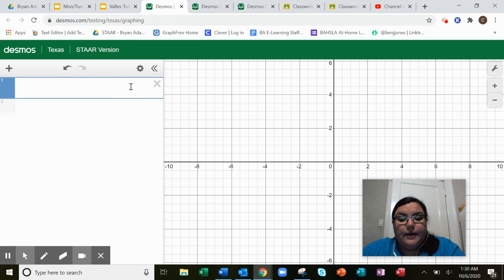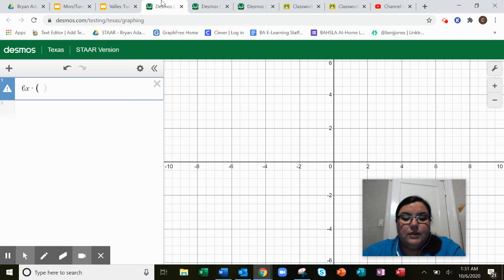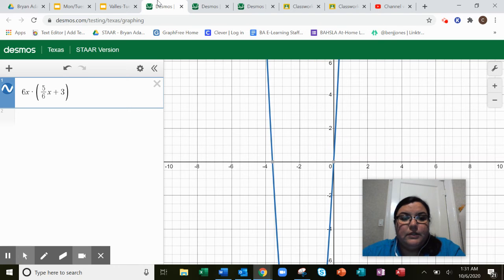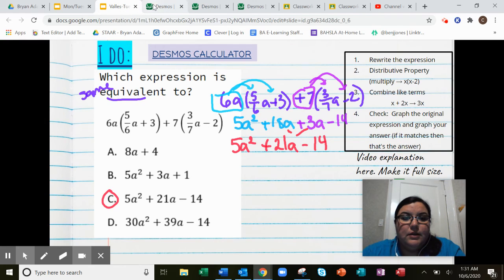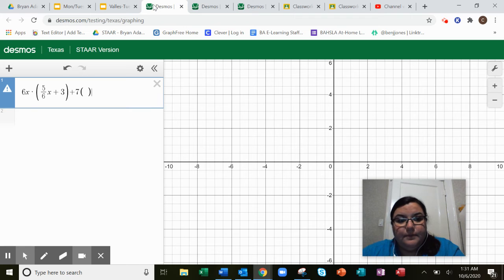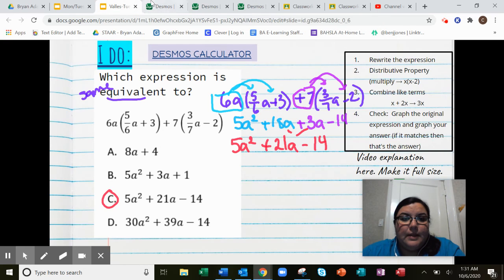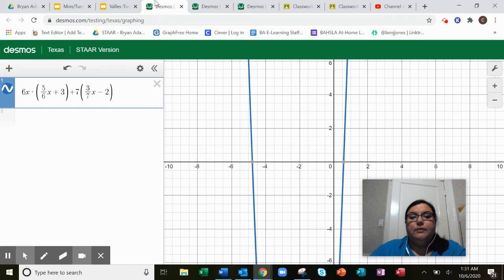So I have 6x, parentheses, parentheses, 5 divided by 6 times x plus 3, close parentheses, and plus 7, open parentheses, 3 divided by 7 times x minus 2. So here we have our graph.